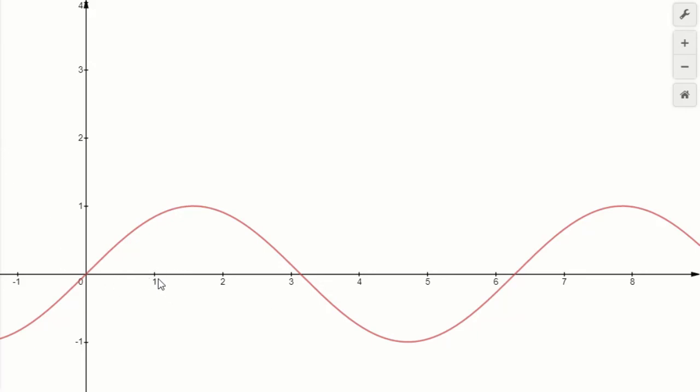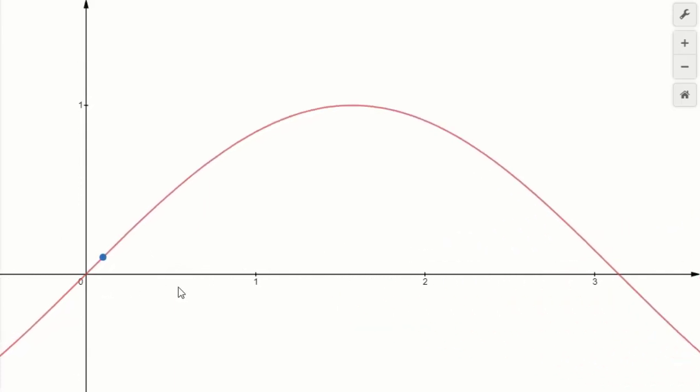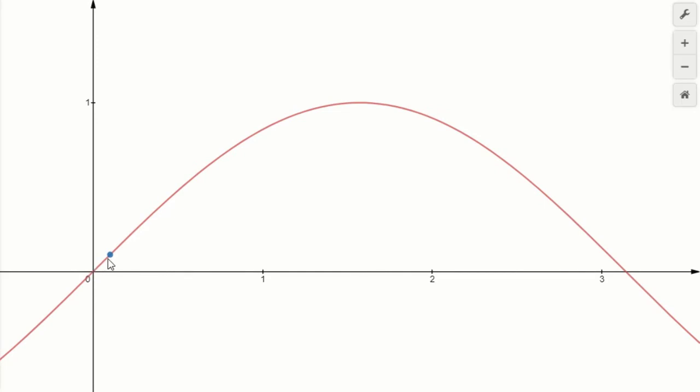So 1 is here, and pi, 3.14, is about right there. See what I'm saying? So 3 is here in our regular scale. Now let me really zoom in. This point right here is our 0.1, and f at 0.1, sine of 0.1, is this value 0.0998 right here.